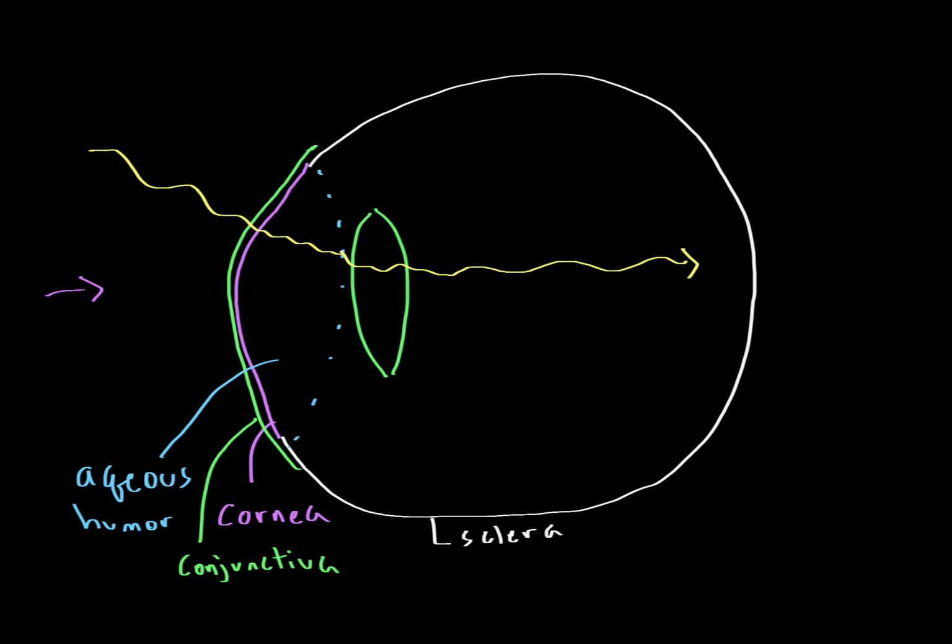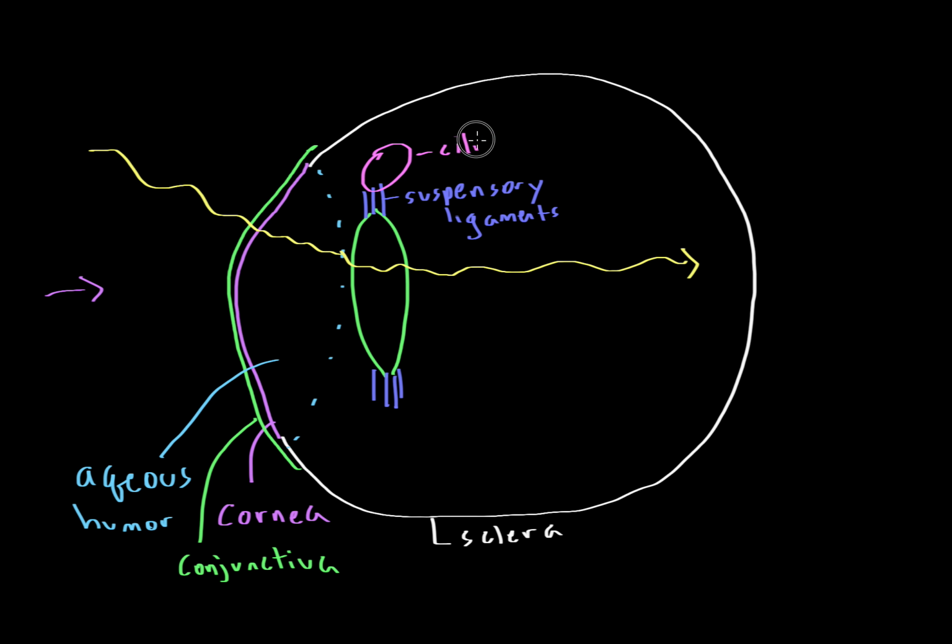The thing that actually makes the lens thinner or thicker is known as the ciliary body. And the ciliary body is composed of a few things. The first are these ligaments that are connected to the lens, and they're known as suspensory ligaments. These suspensory ligaments are connected to the lens, and they're also connected to the ciliary muscles.